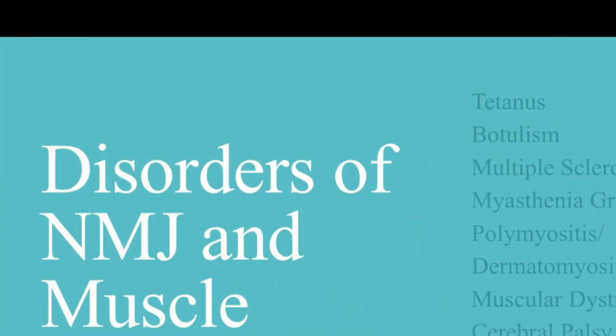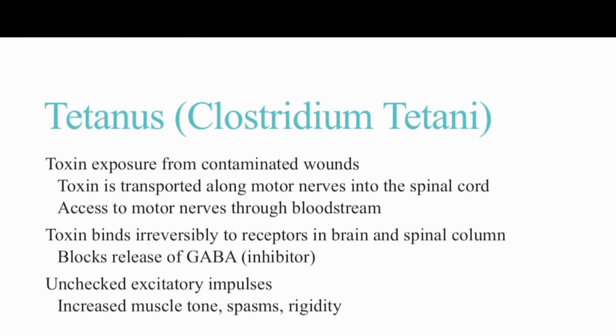So that's disorders of the peripheral nerves. Now let's go through the neuromuscular junction and muscle, and then we're done. Tetanus, Clostridium tetani. Okay, toxin exposure from contaminated wounds. Toxin goes to the motor nerves in the spinal cord, and it gets there because of the bloodstream.